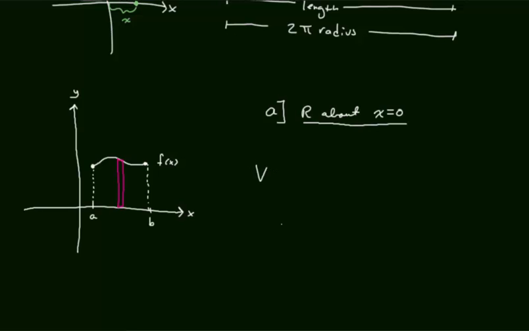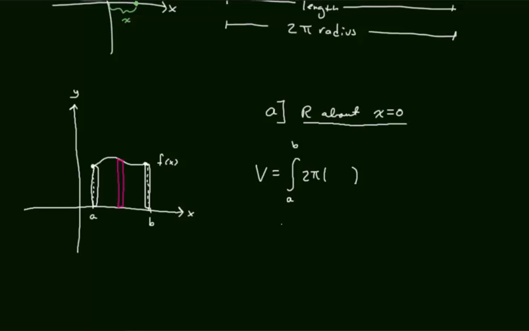So the volume equals, from the first rectangle occurring at a and the last rectangle occurring at b, the integral from a to b of the circumference length, so that's going to be 2 pi whatever the radius is.